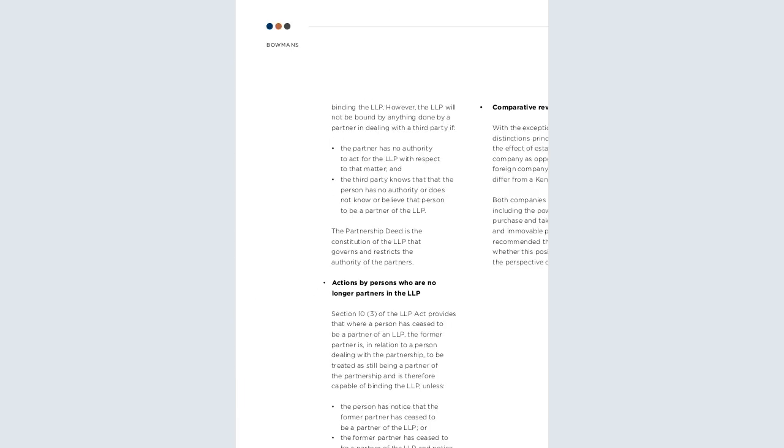However, Section 10. So all these are things that are in our law and are there to govern us on how we deal with the registration of a company and how to handle the company. Then action to a person who is no longer a partner in the limited liability partnership.